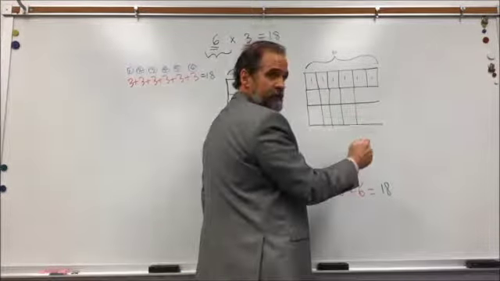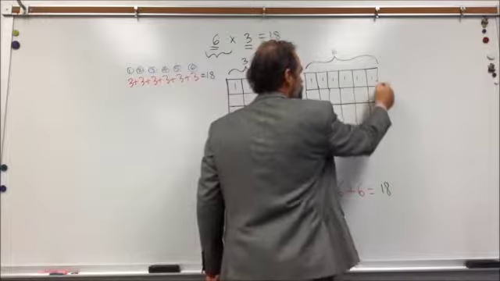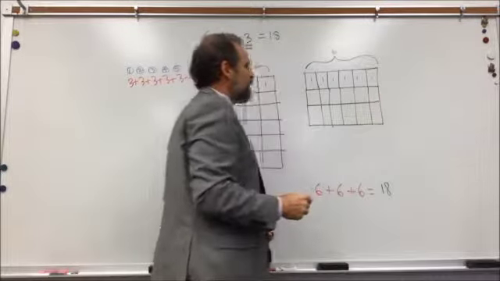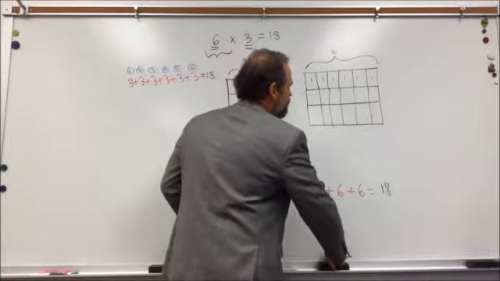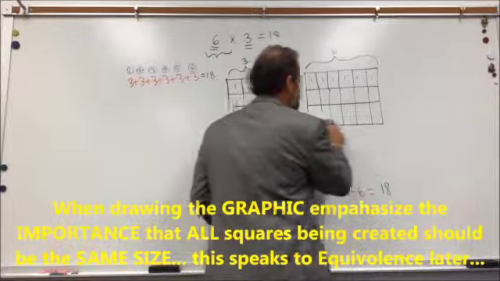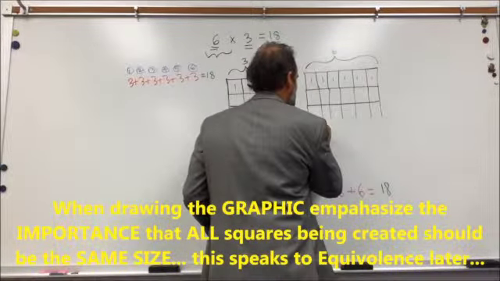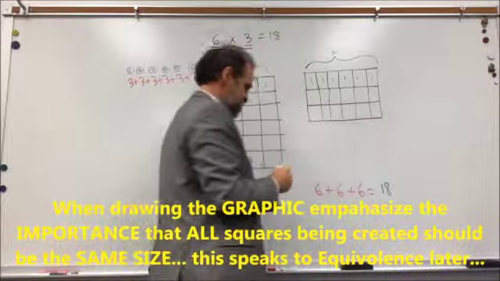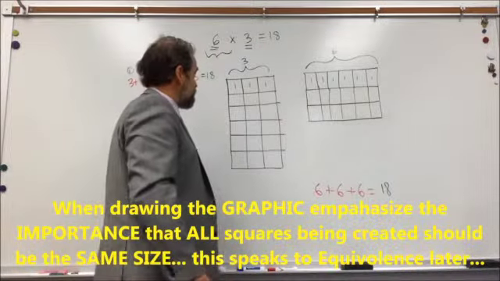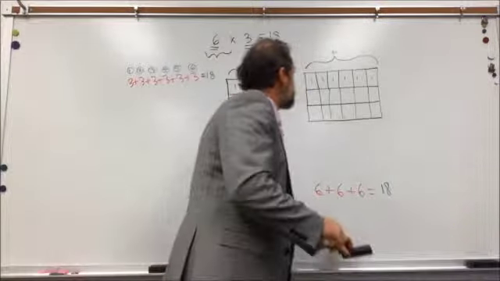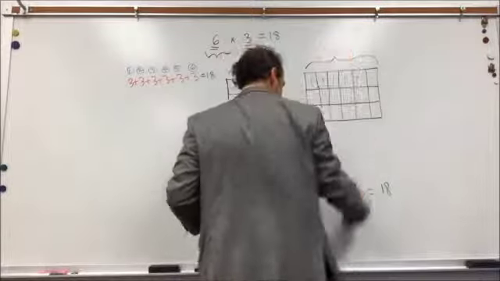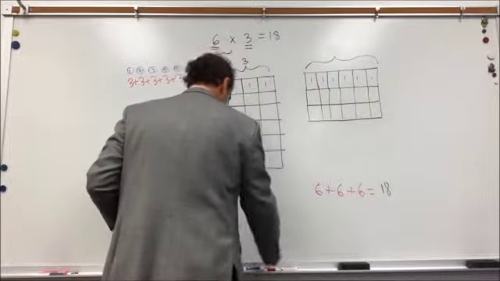Imagine I'm a better artist than I am right now. Imagine those are all the same size. Here, let's make it a little easier to imagine. Okay. So for now, I'm going to ignore that one, and we're going to focus on this one.